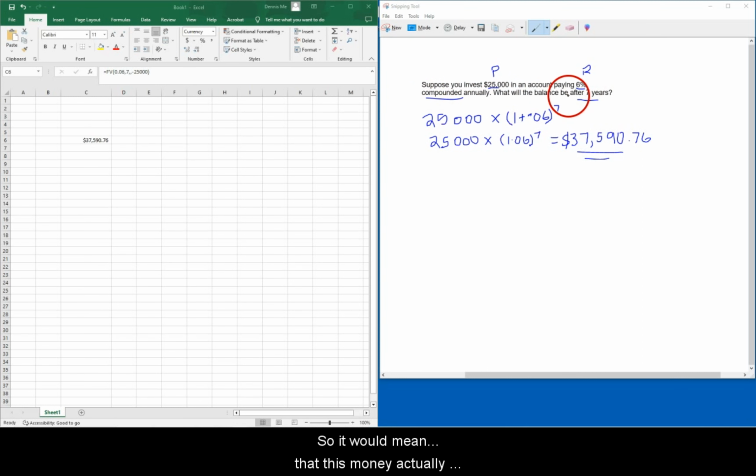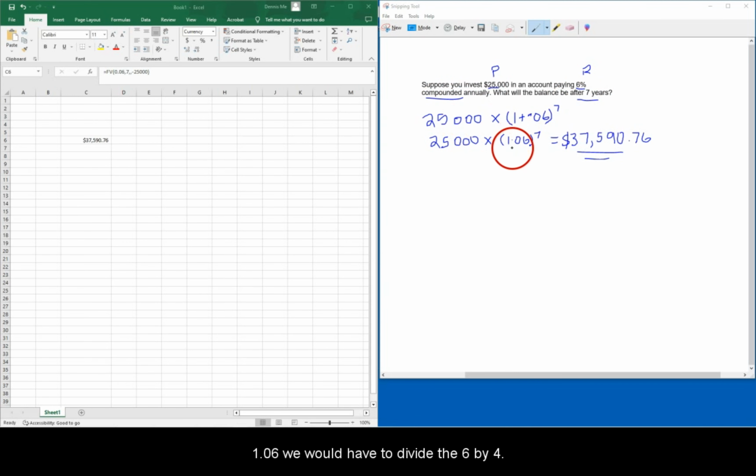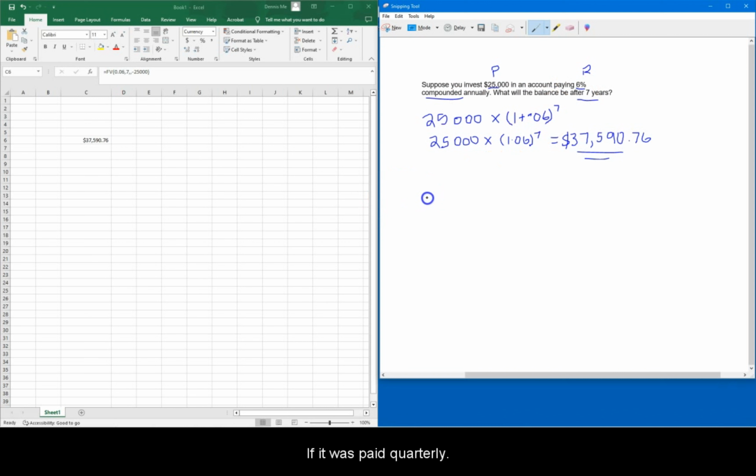So instead of simply using 1.06, we would have to divide the 6 by 4. If the interest was paid quarterly, we would have 4 payments within each year.